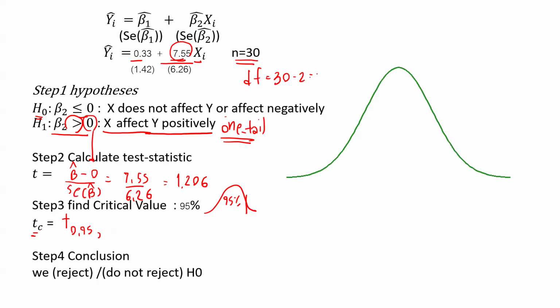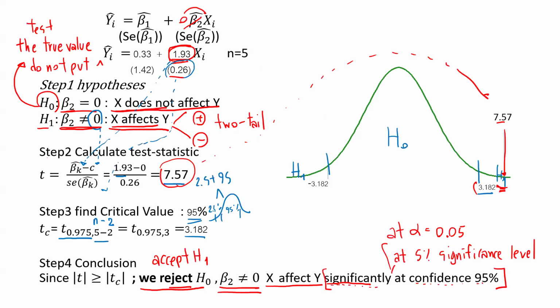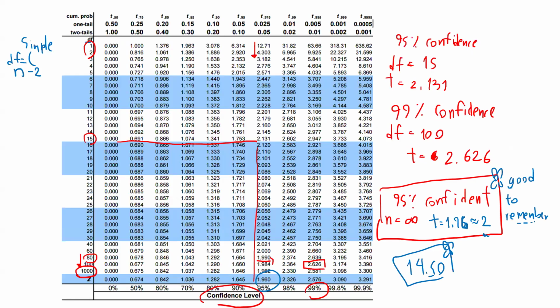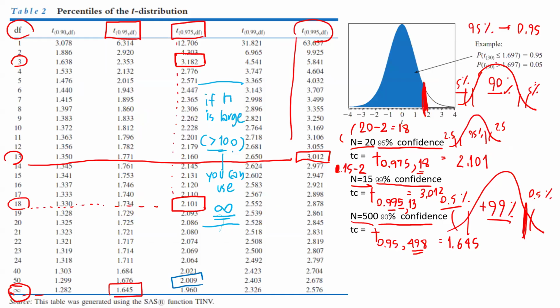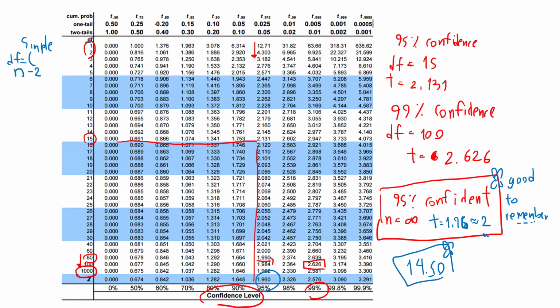Good. Very good. 28. Then you have to see the table, 95, 28.